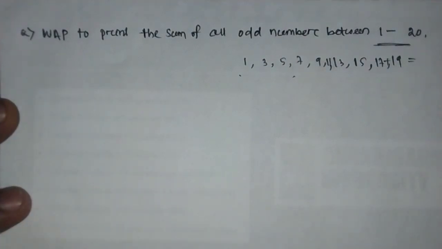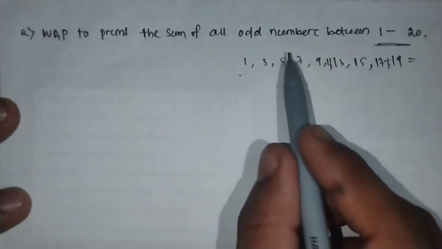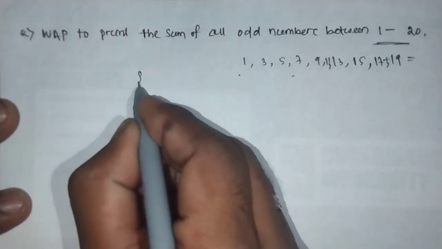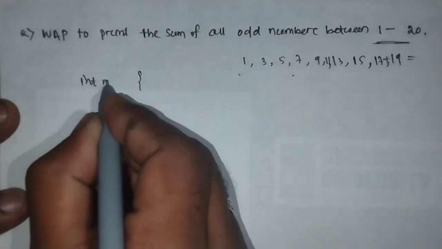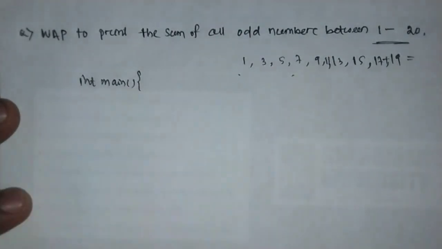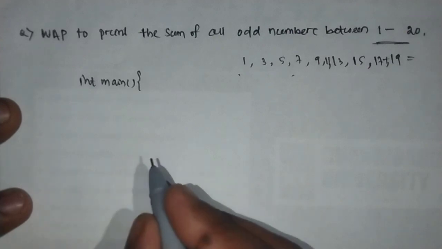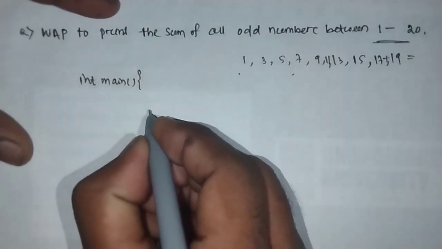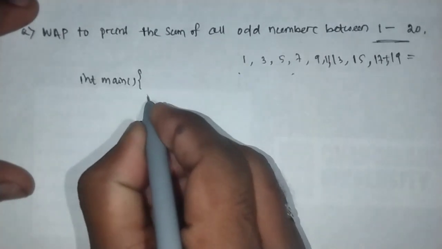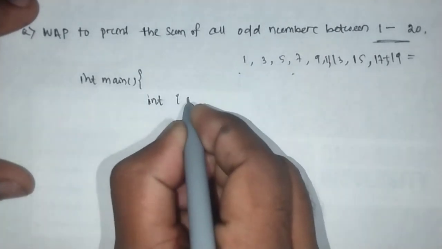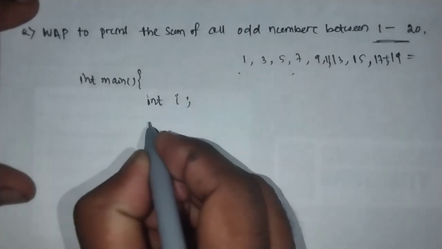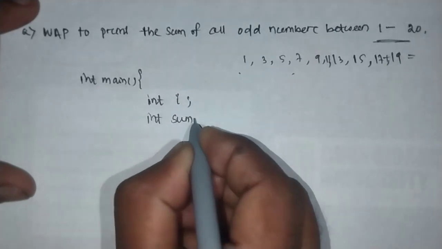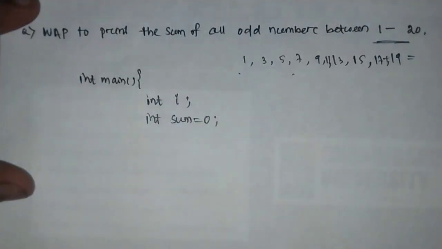So now I am writing the code for this program. In the main function, declare a variable for the sum, initializing it with 0.